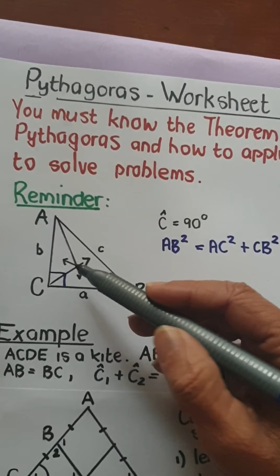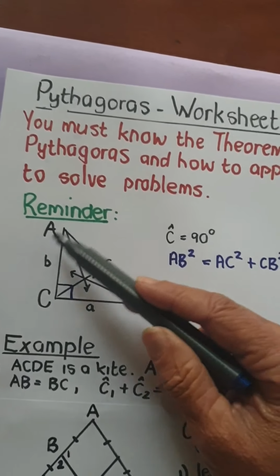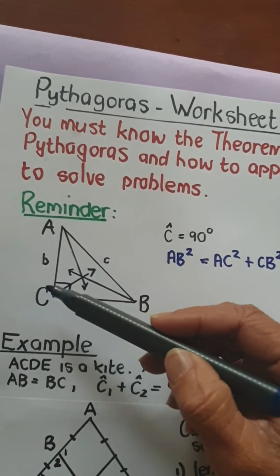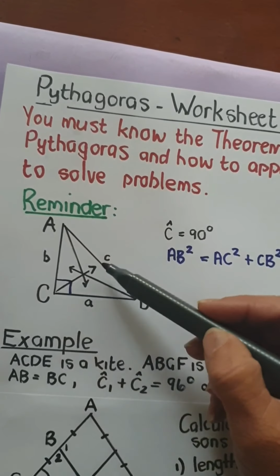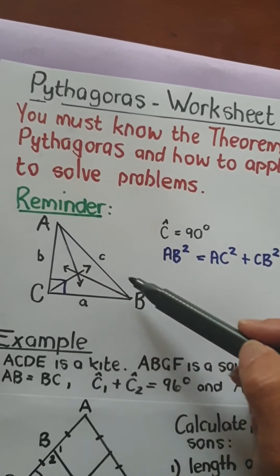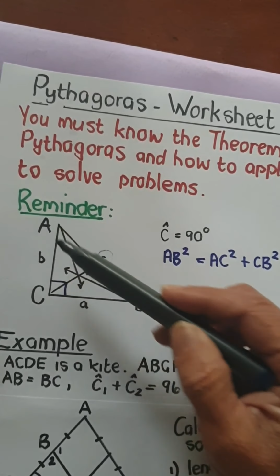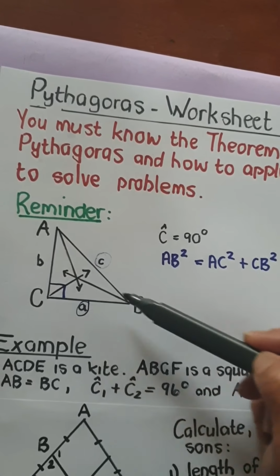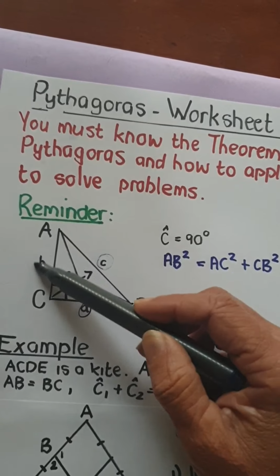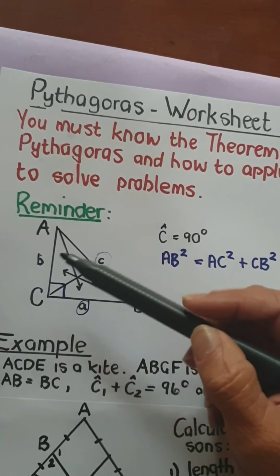Alternatively, remember in a right angle triangle, the side opposite angle C, we can also label with a small c. The side opposite A with a small a, and the side opposite angle B with a small b.